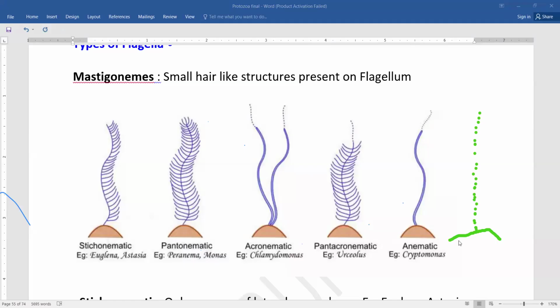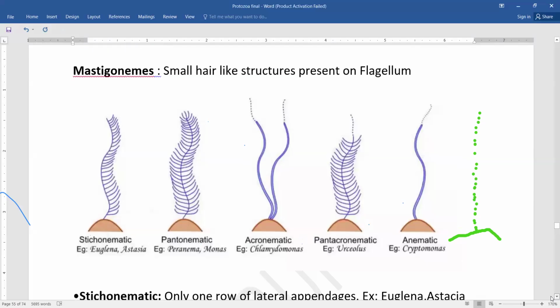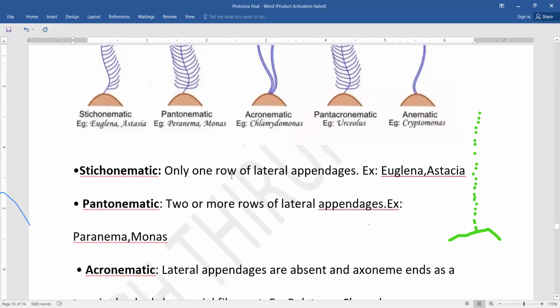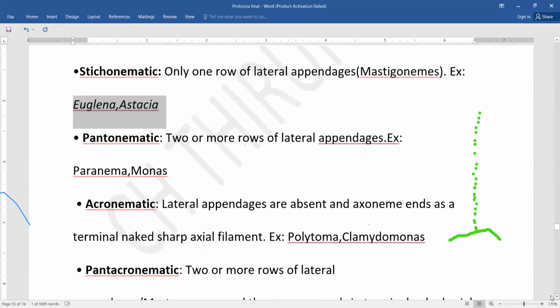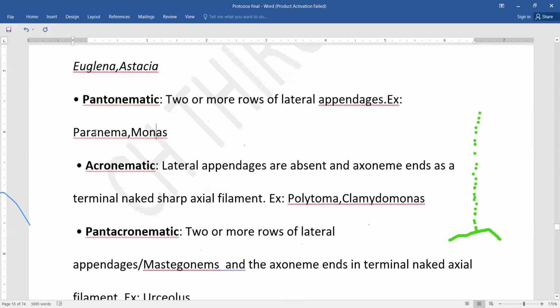Once again, let's see the points. Stichonematic: only one row of lateral appendages, the mastigonemes, is present. Examples: Euglena and Astasia. Pantonematic means mastigonemes are present on both sides. Examples: Paranema and Monas.